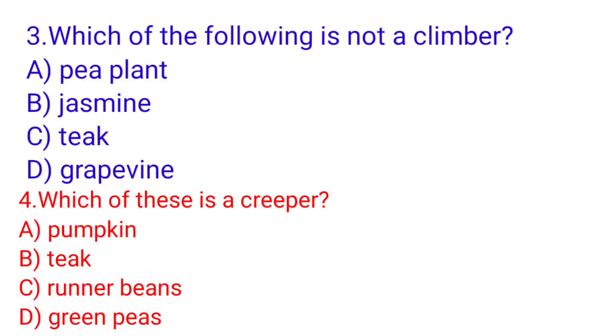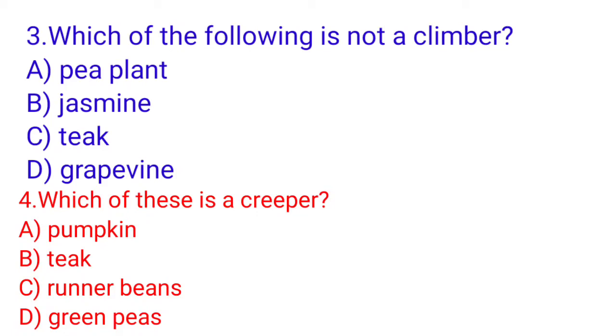Question 3. Which of the following is not a climber? The options are A. Pea plant, B. Jasmine, C. Teak, D. Grapevine. Yes, beta, think.